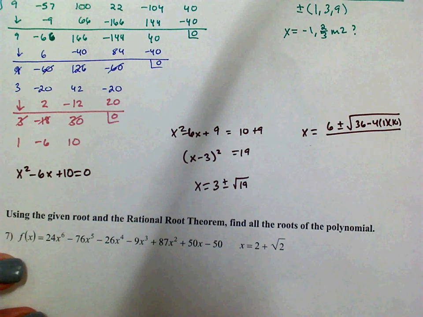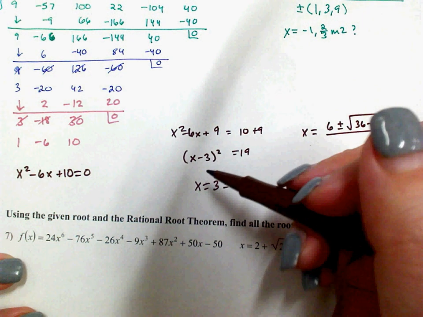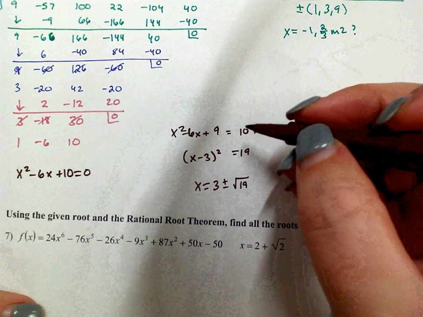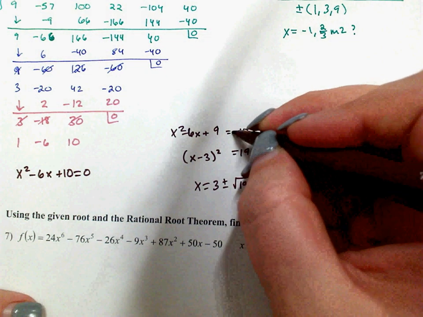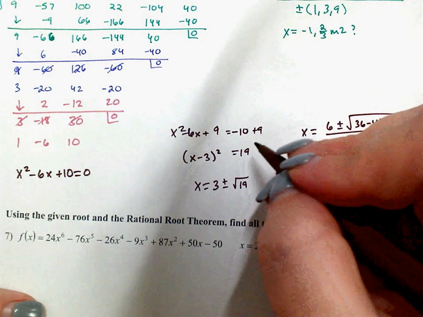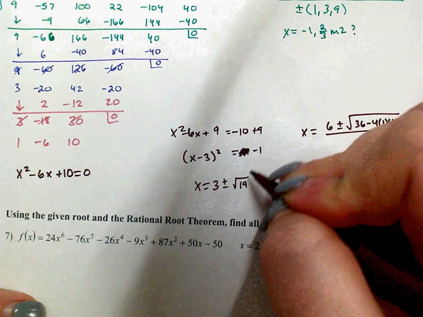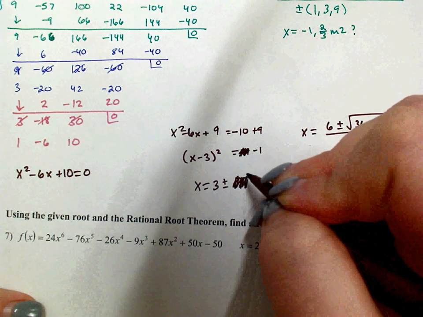I'm tired. I was like, wait a minute, something's wrong. So -10 plus 9 is -1, and the square root of -1 is i. Cool. I'm glad I checked. I'm glad I did both.